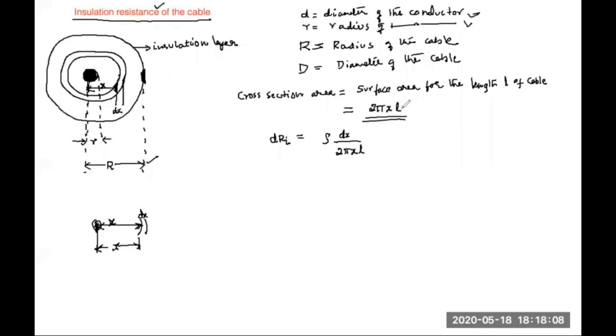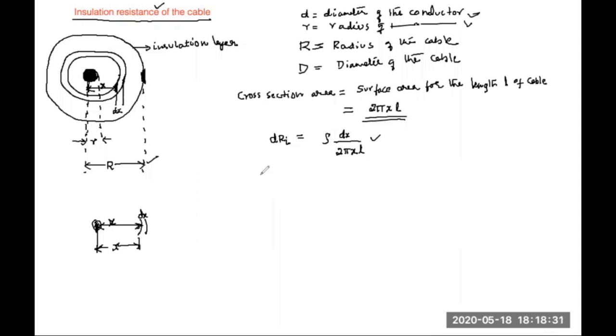That's why 2 pi x into L. We substituted it into the rho L by A formula and got this. Clear? So this is the insulation resistance for how much distance? Only for length dx.